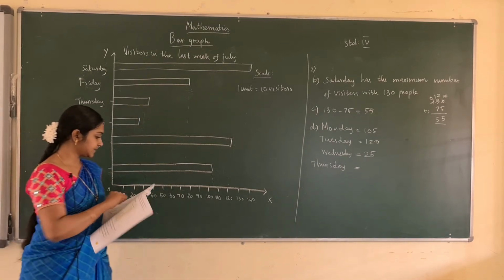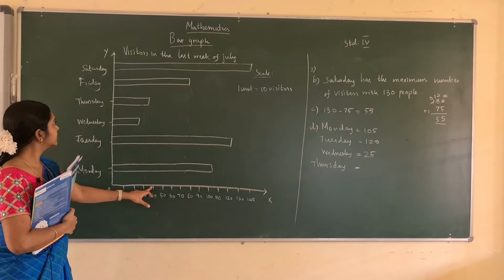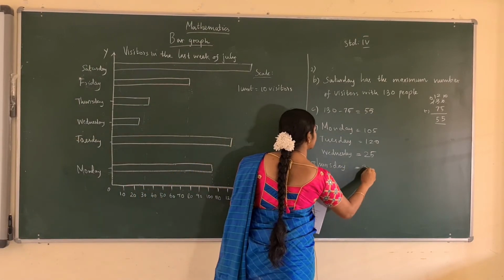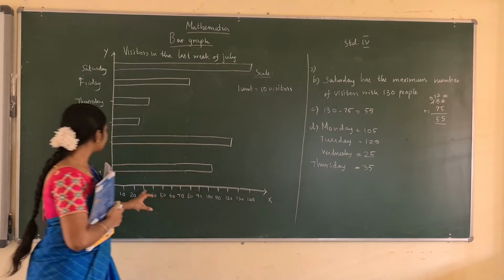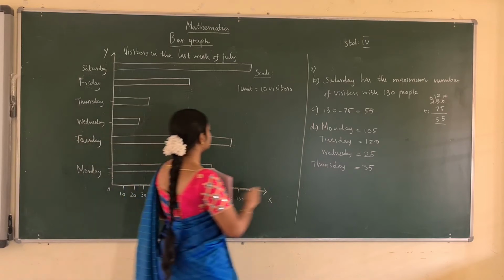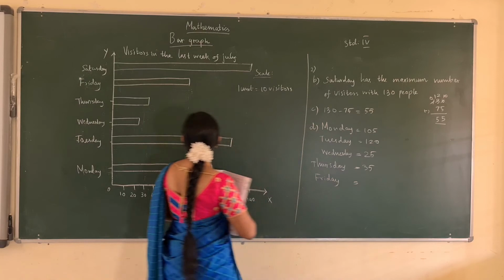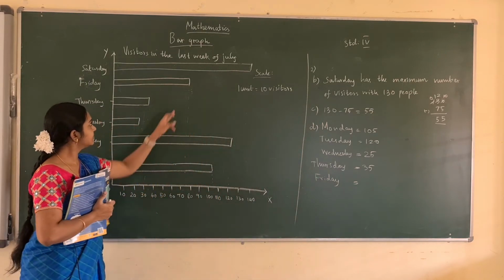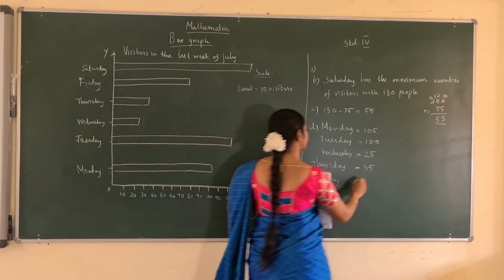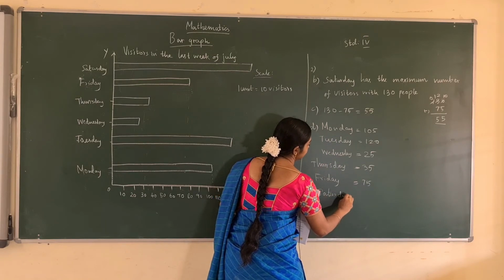Next, Thursday is in between 30 and 40, so it is 35. Next we have to find for Friday. For Friday it is in between 70 and 80, so it is 75. For Saturday we have already found it is 130.